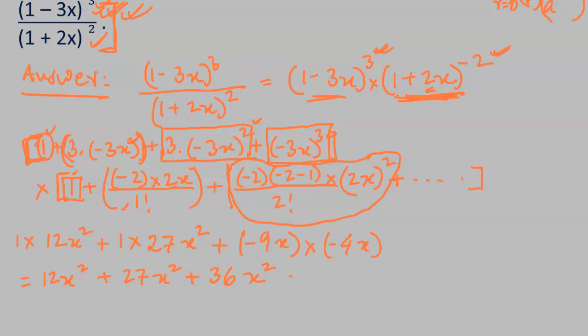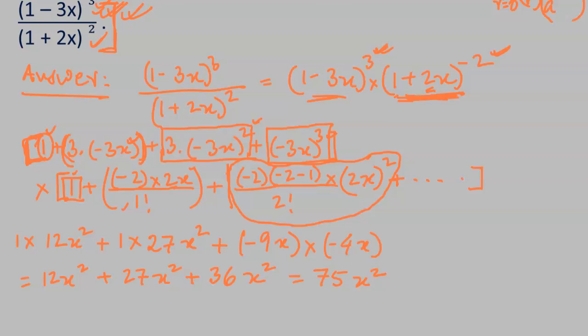Okay. So 12 plus 27 is 39. 39, 69 and 75. Okay. So 75x square.